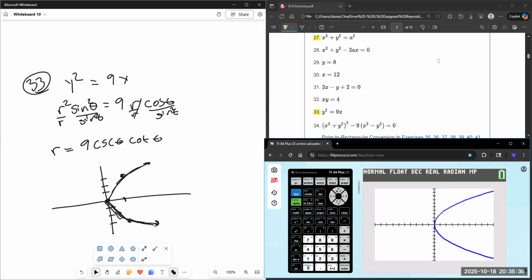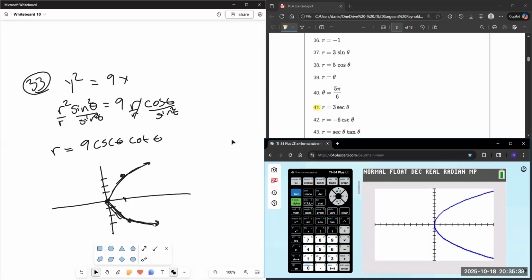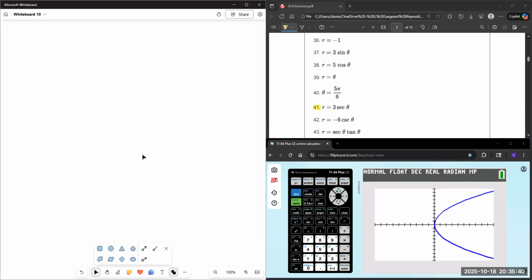All right, let's look at 41. r is equal to 3 secant theta. So converting this back into rectangular would give me r cosine of theta is equal to 3, which is x is equal to 3.